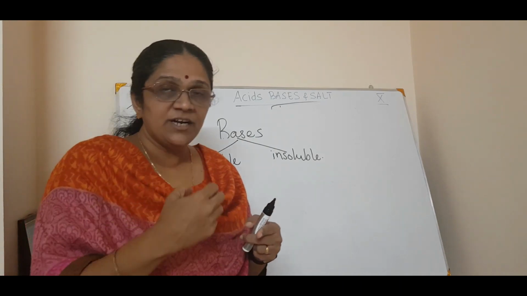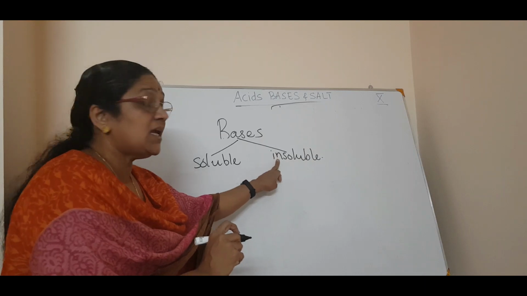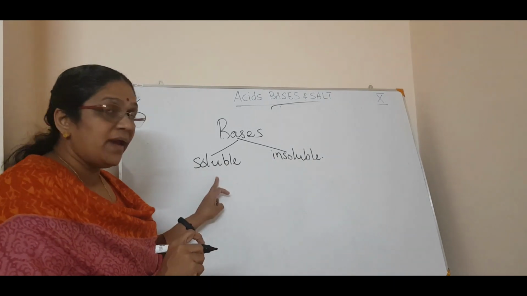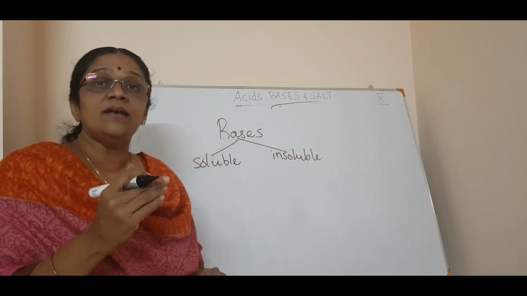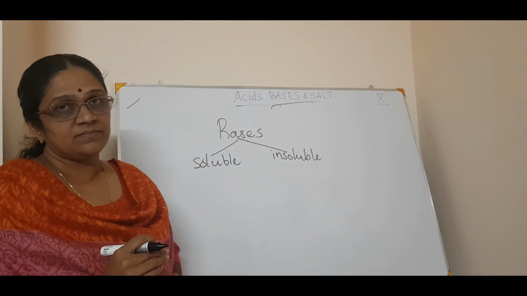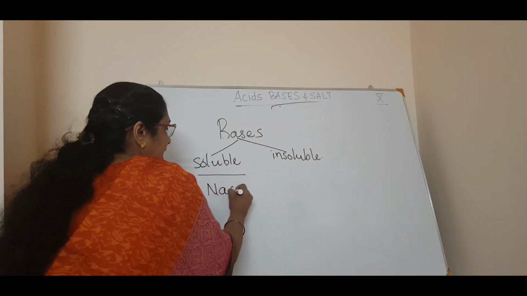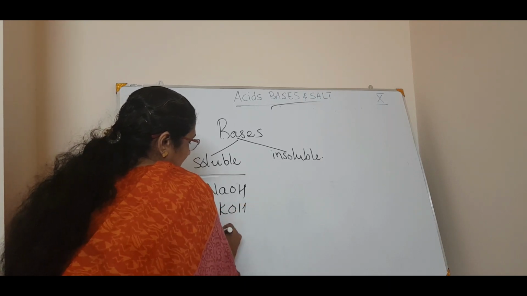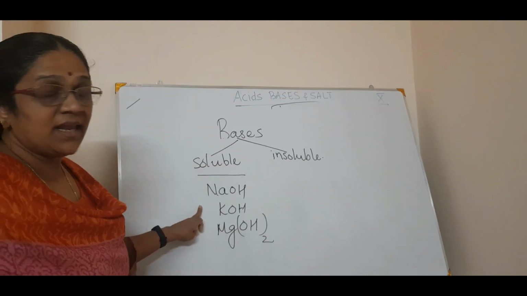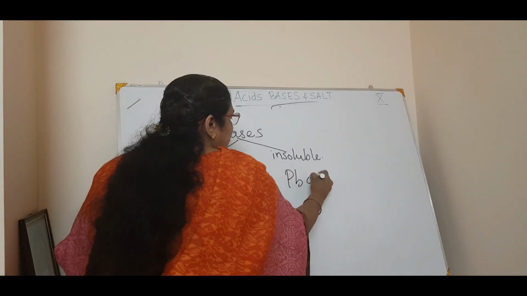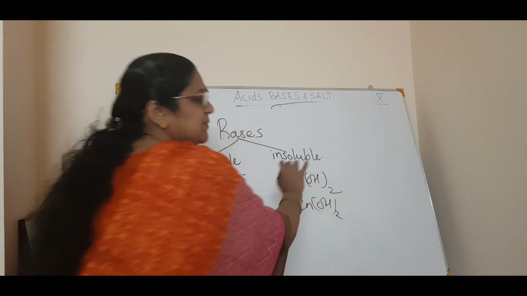In the same way, solubility means something is dissolved in it. So, soluble bases as well as insoluble bases. Soluble bases dissolve in water, and insoluble bases are not dissolved in water. Correct? Okay. Now, examples of soluble bases we studied are NaOH, KOH, then magnesium hydroxide, calcium hydroxide, etc. Insoluble bases are, for example, just for information, lead hydroxide, then zinc hydroxide, something like that.